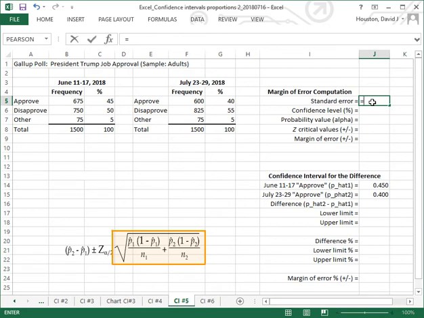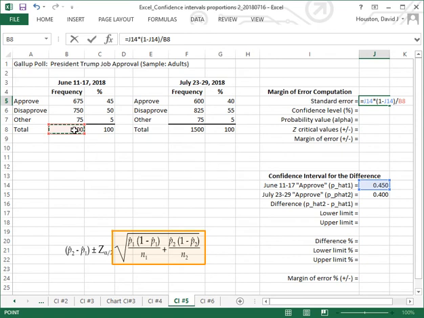Going back to the formula I demonstrated before for the difference between two samples, we'll take first the proportion that indicated they approve of Trump's job performance in the first poll times 1 minus that proportion and divide by the sample size from that sample.